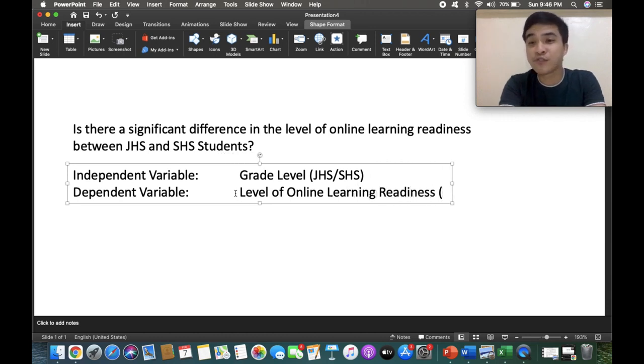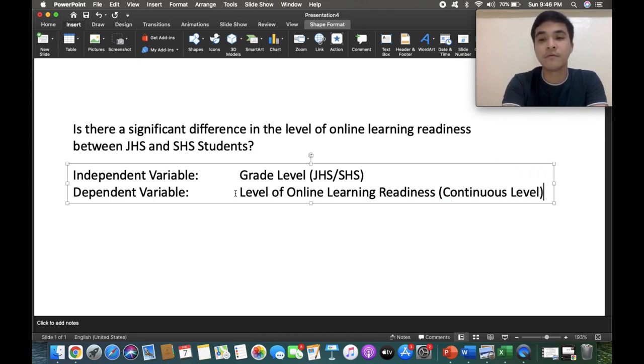One of the assumptions that you need to fulfill before running t-test for independent samples is that your dependent variable should always be continuous, measured in a continuous scale. And our independent variable is categorical. We have the grade level with two levels: junior high school and senior high school.